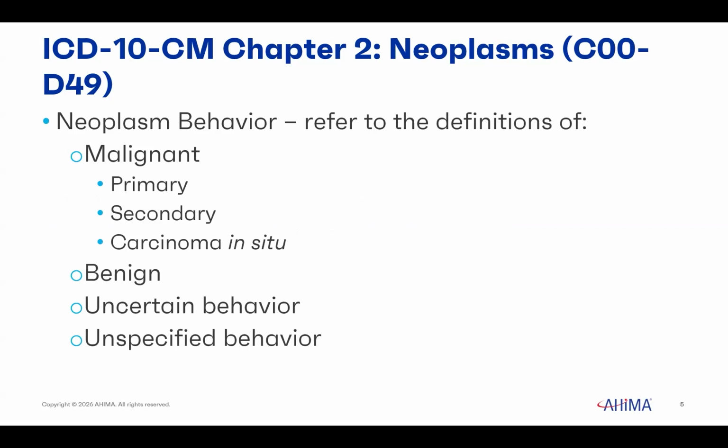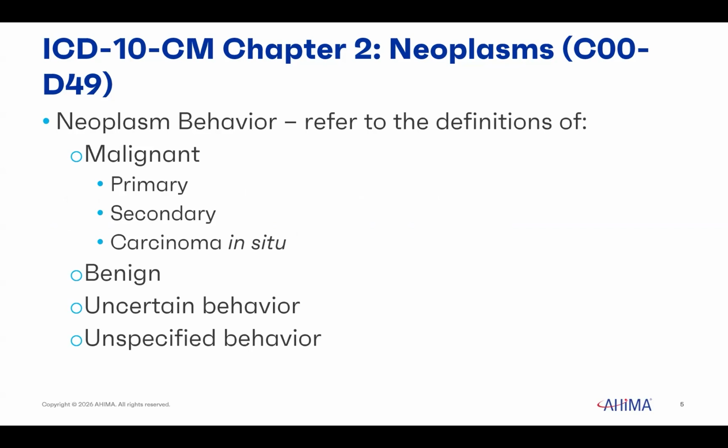When we talk about what behavior is, we're talking about these things. First of all, whether it's benign or malignant. Malignant, of course, is what we normally think of with cancer. Not all abnormal cells meet the criteria to be malignant, in other words, cancerous.